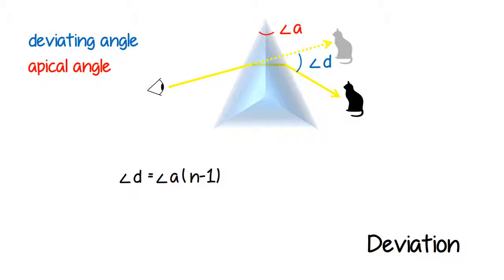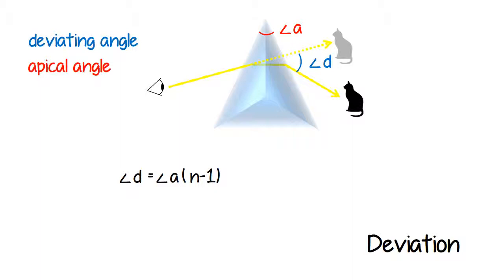And it's also telling us, regardless of the material, that the shape of the prism, the apical angle, whether it's wide or narrow, is going to have an effect on how the light is deviated.